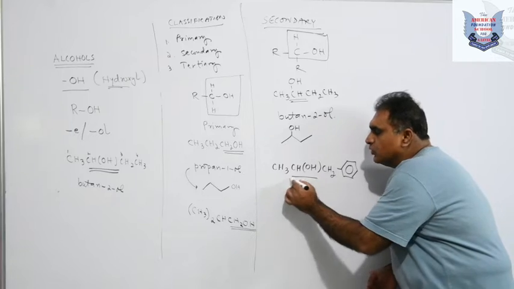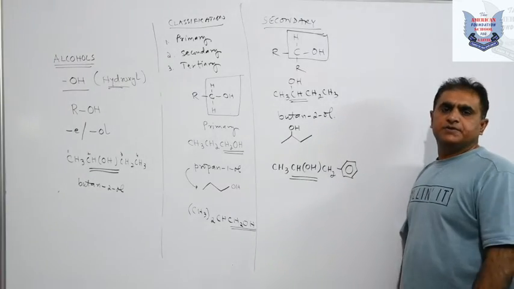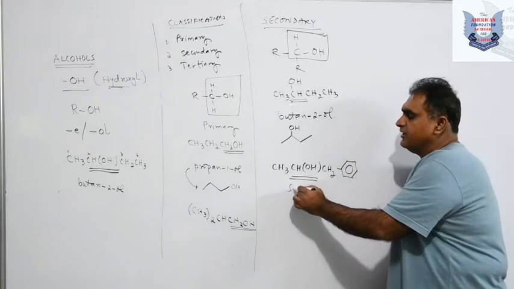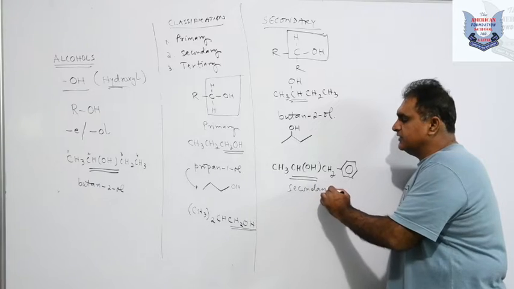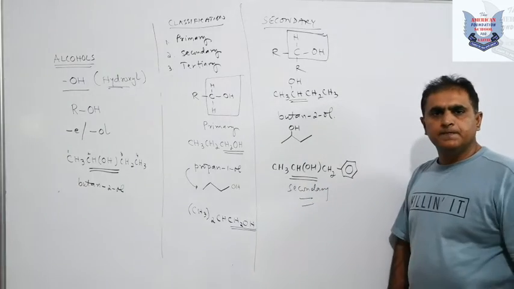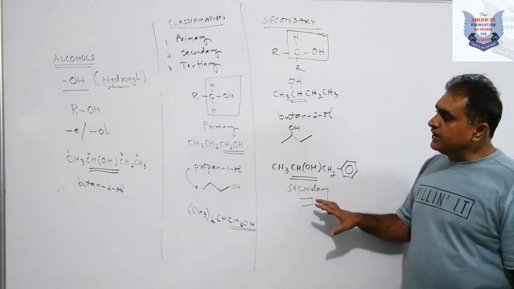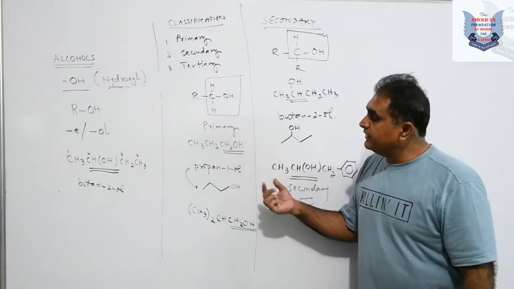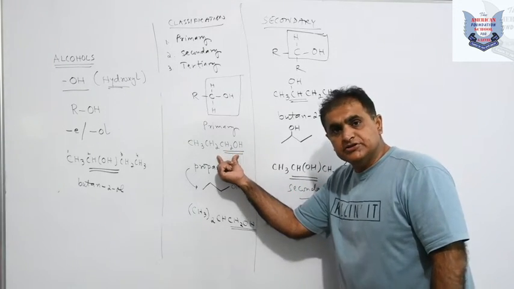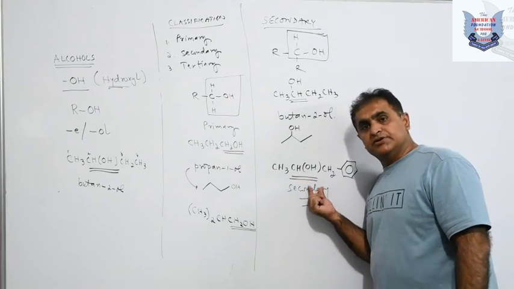Now, this is CHOH, and this CHOH represents again secondary alcohol. So this is another example of secondary alcohol. This is how to identify primary and secondary. In the case of primary, you have CH2OH. In secondary, you have CHOH.